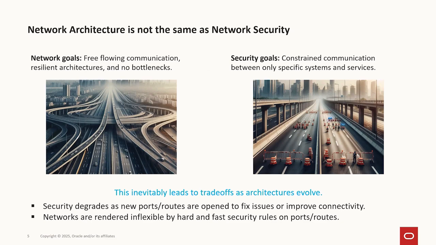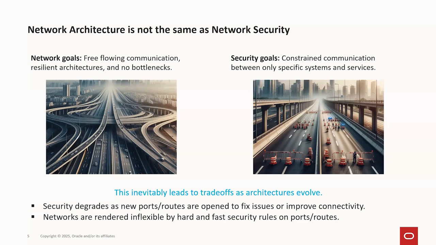So that free-flowing communication that we were focusing on when we were designing the network architecture, augmented now with security goals, we have to focus now on how we constrain that communication. And that's basically where the firewalls, the native security controls come into the picture. And the two together give us the desired architecture.